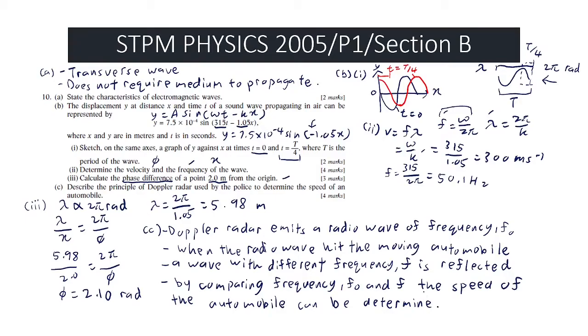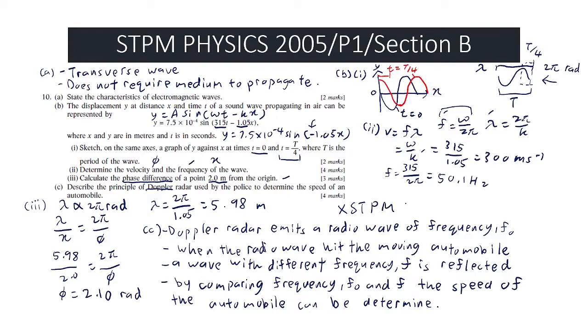So this is basically the concept of the Doppler effect, but this is for light. Technically for light, the case will not be the same as in sound. If you want to do the formula, this is not inside the STPM syllabus because you have to consider special relativity.